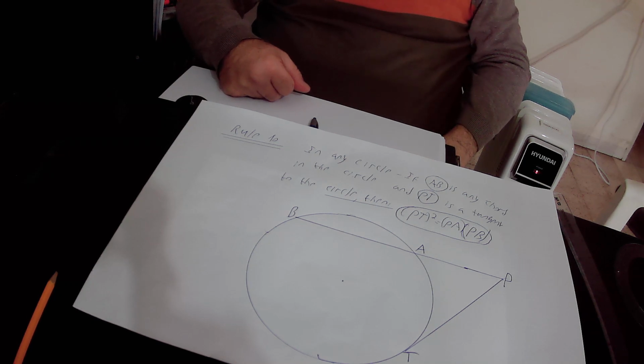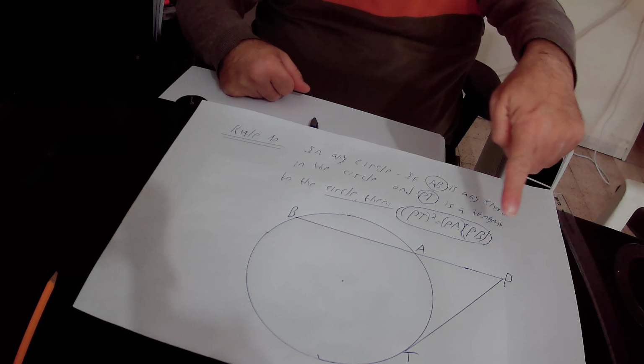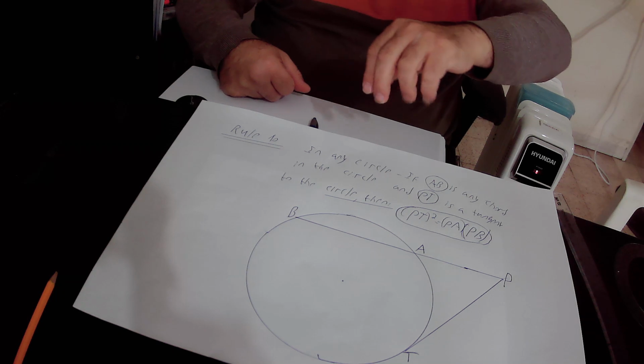Again, here PT squared equals PA times PB.